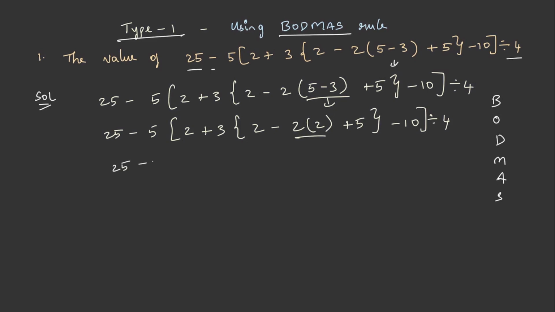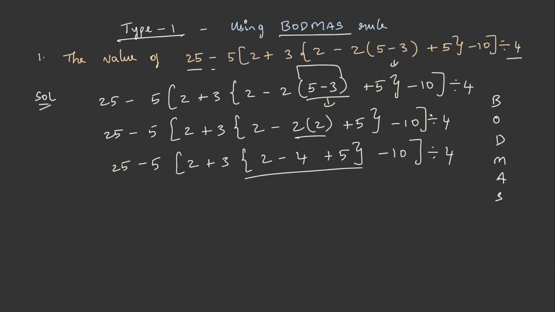It becomes 25 minus 5, 2 plus 3, 2 minus 4 plus 5 minus 10 divided by 4. We have successfully removed the first bracket. Now let's simplify this. 25 minus 5, 2 plus 3, and this becomes 3 minus 10 divided by 4.